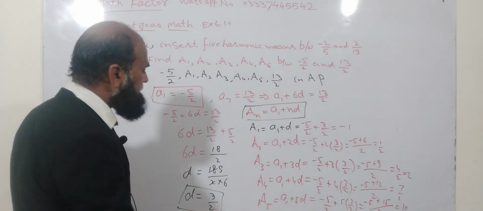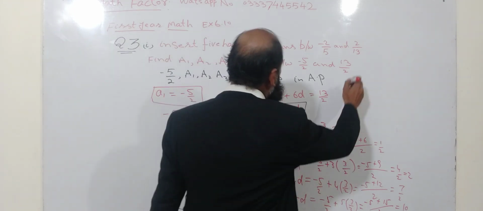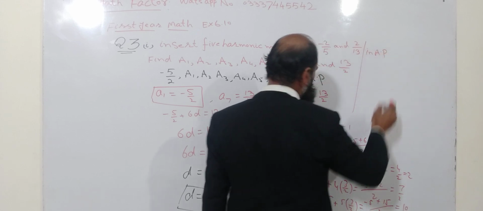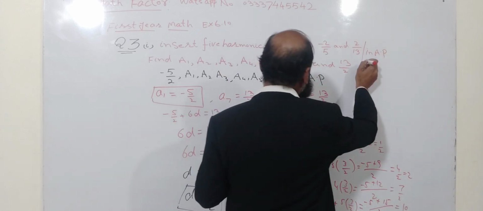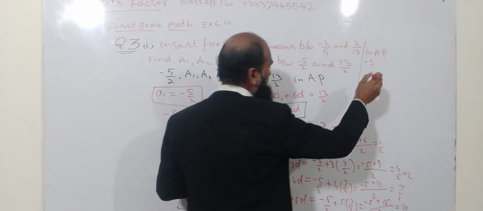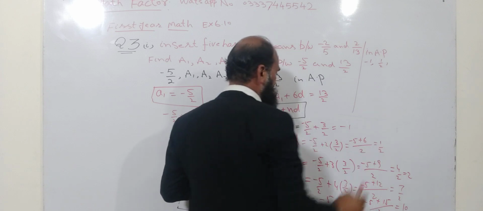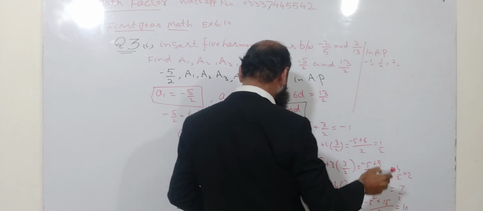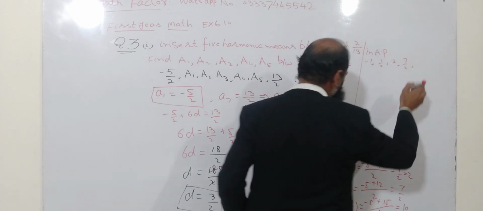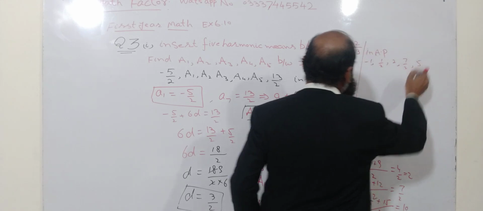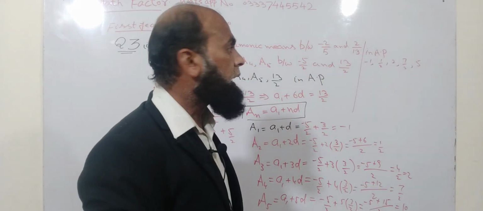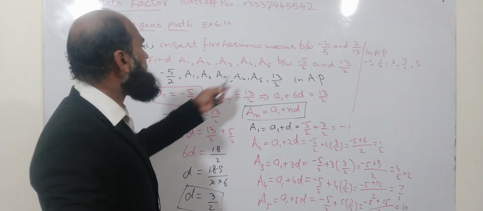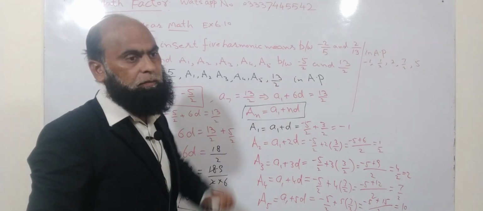Now see, to write the answer, in the AP we have 5 terms. a1 value is minus 1, next value 1 by 2, third value 2, fourth value is 7 by 2 and fifth value is 5. These 5 values are called 5 arithmetic means between minus 5 by 2 and 13 by 2.